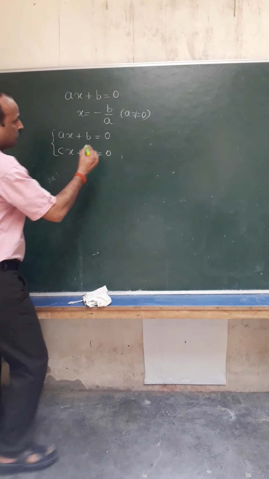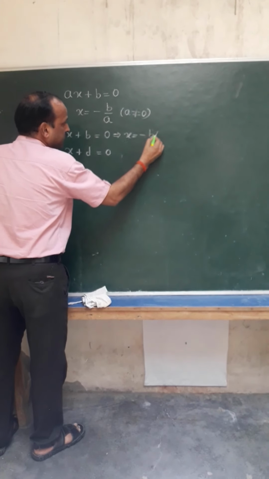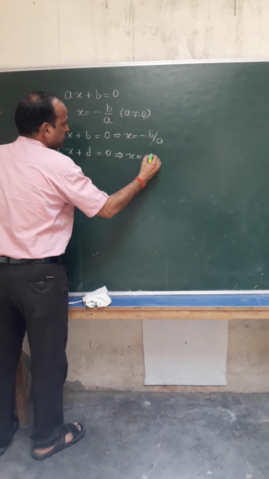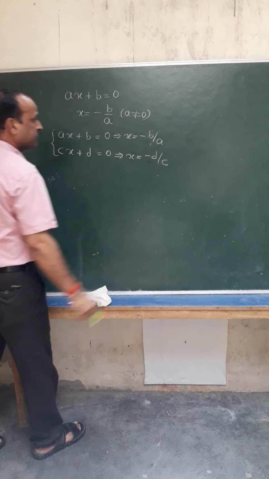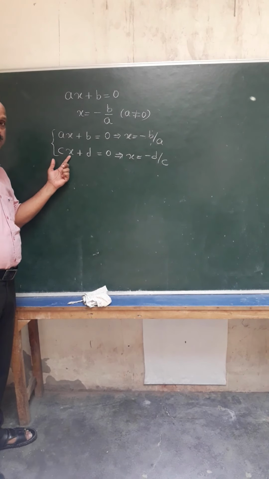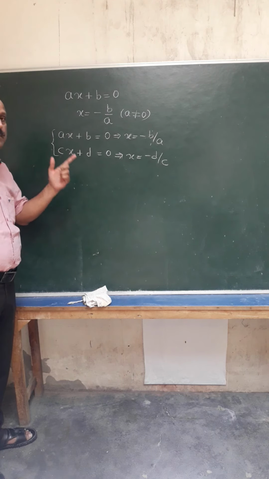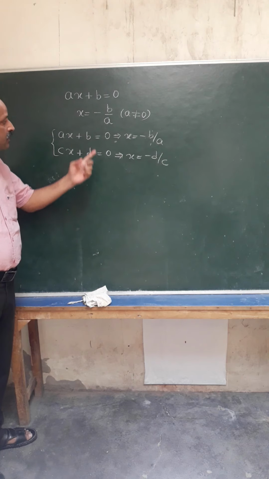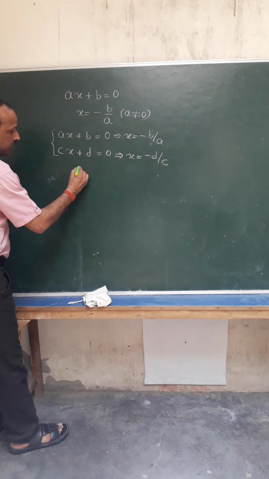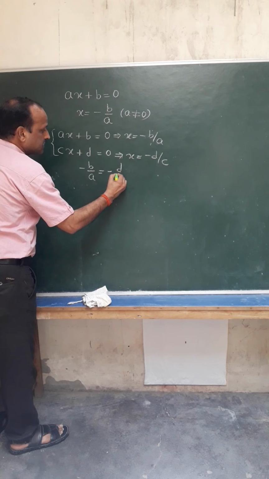So from 1 we have x equal to minus b by a, and from this we have x equal to minus d by c. The solution of these two equations will be the same, as we solved in class 10 simultaneous linear equations. These two equations will have the same solution when minus b by a equals minus d by c.